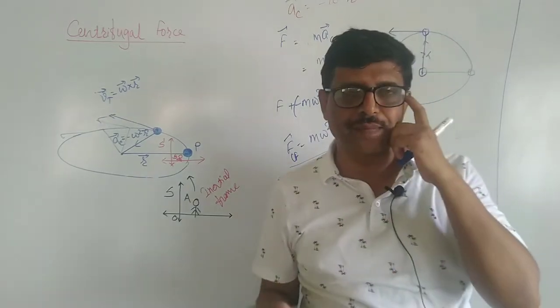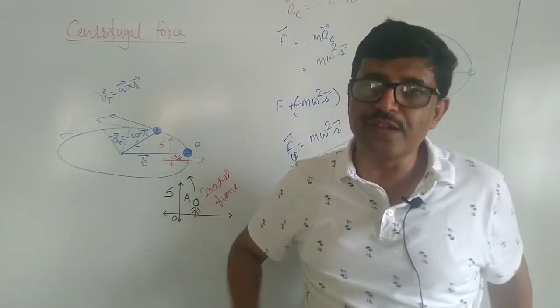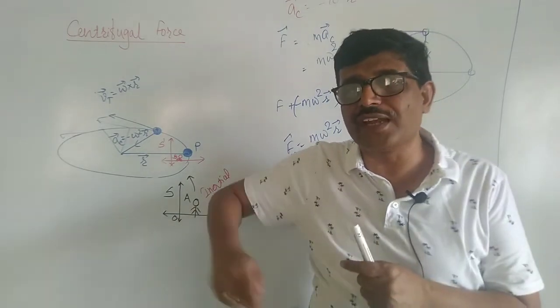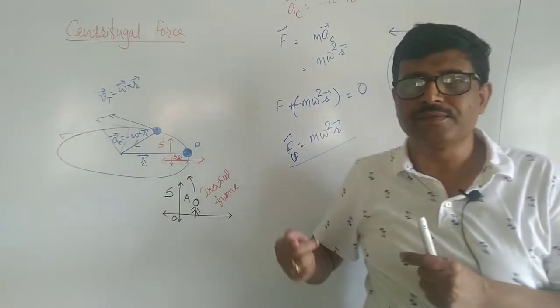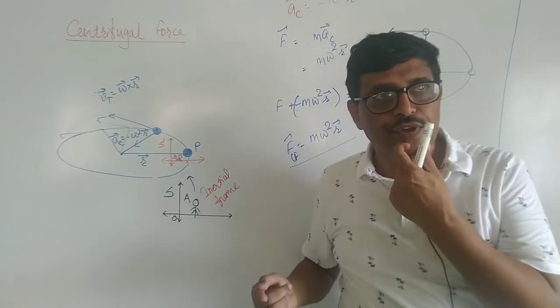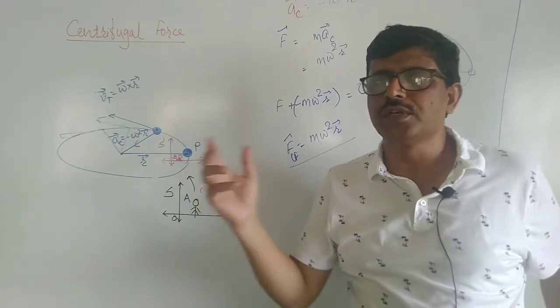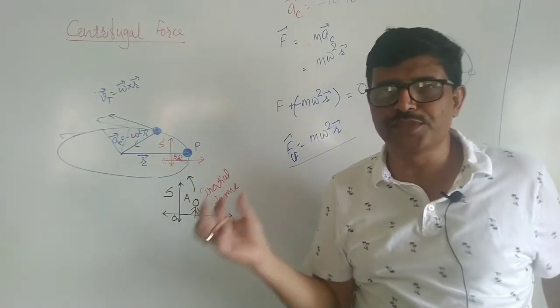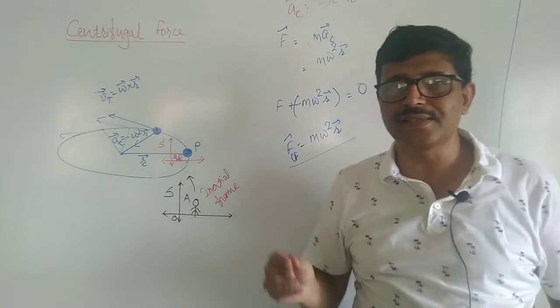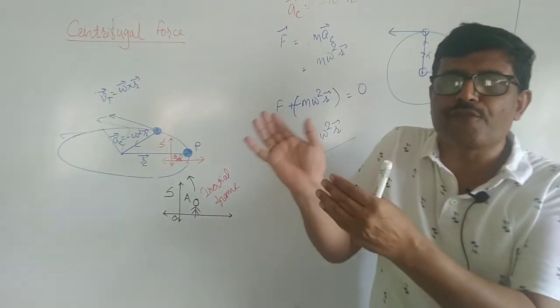Therefore, centripetal force is a real force, but centrifugal force arises when and only when the object is in circular motion. If you speed up the circular motion of an object, the centrifugal force makes the object move away from the center.